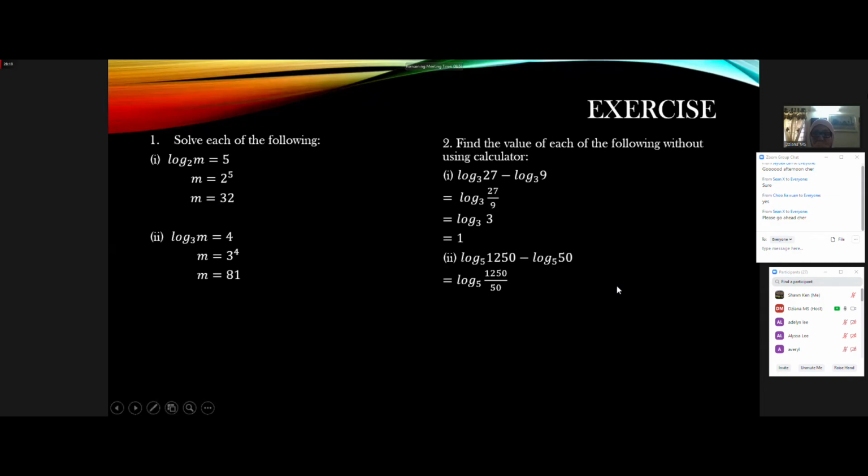Try this one. You can apply the law of log. Log base 2, the plus is times, the minus is divide.